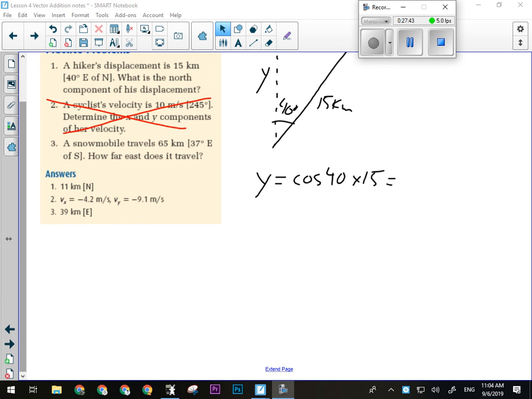Okay, so for number 3, we've got 65 kilometers at 37 degrees east of south. Okay, so when I'm drawing this triangle, the second direction listed is always my reference direction, and it's south. So I'm going to draw a line that's south, okay, and I need to go east of south. So that means go this way, 37 degrees.